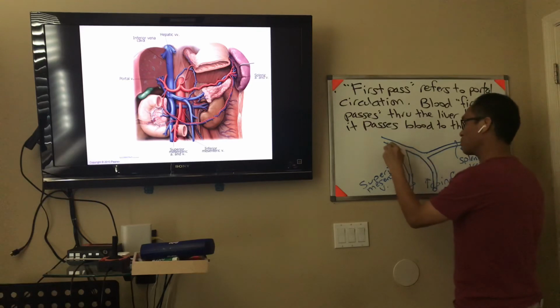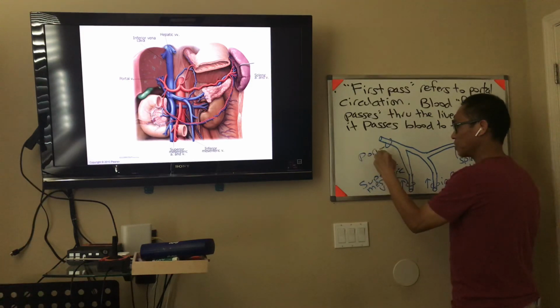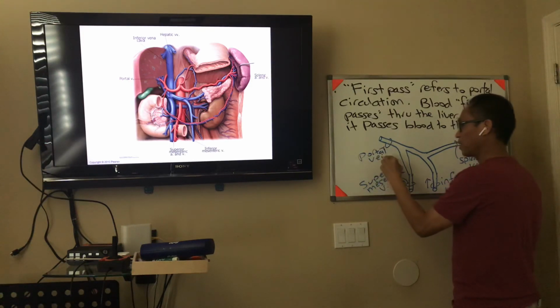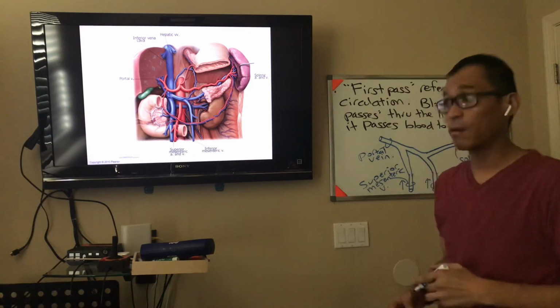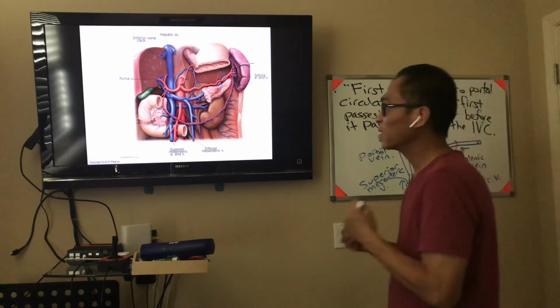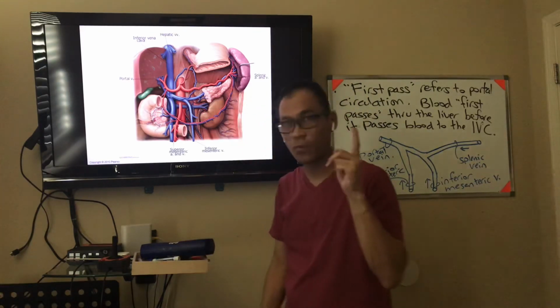And they all merge to the hepatic portal vein, or just sometimes it's called portal vein. Okay, just don't confuse portal vein and hepatic vein. That's all I ask. Hopefully that little schematic helps you for the veins you got to know for first pass.